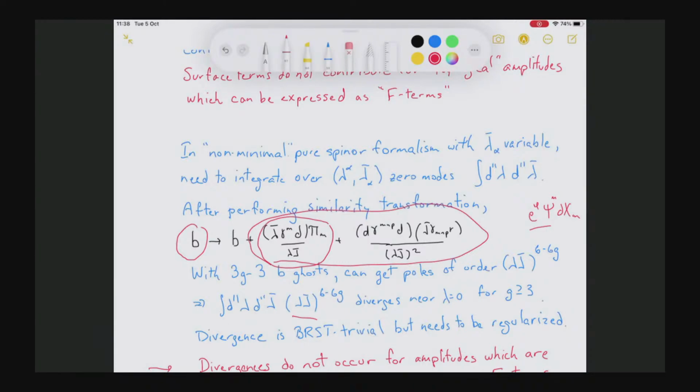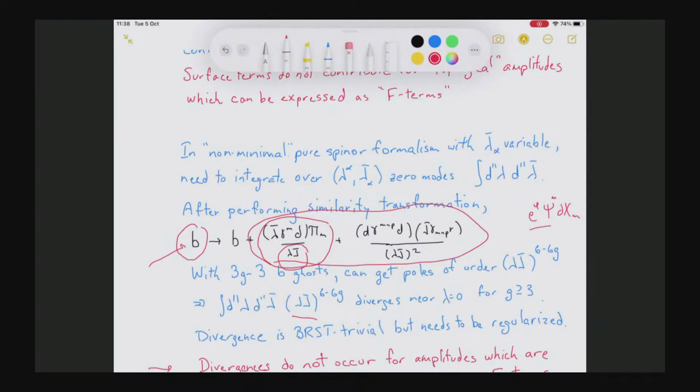But if you want to quantize or even gauge fix, you need to describe something like this B ghost. And as I mentioned, the B ghost has these poles in lambda lambda bar, and that immediately starts to cause problems just because once you allow poles in lambda lambda bar, you have to decide how divergent the states can be in these poles.